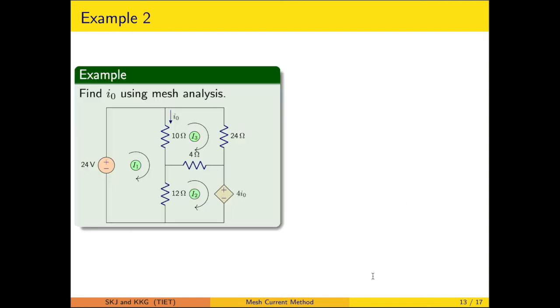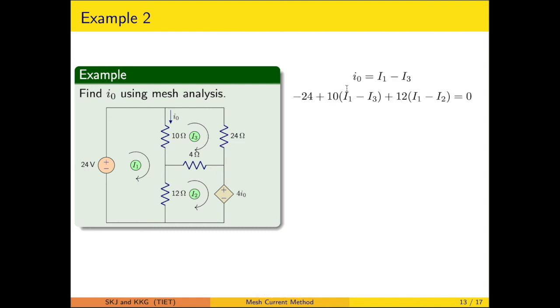Now this method is extended to the circuit where dependent voltage sources are also present. Here this is a controlling current, this is a controlled voltage. It has 3 meshes, and we have to write the equations as such. But the point to be remembered is that this I0 controlling current is nothing but I1 minus I3 in this case.